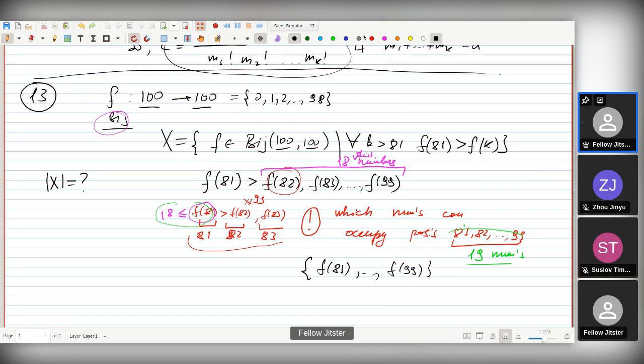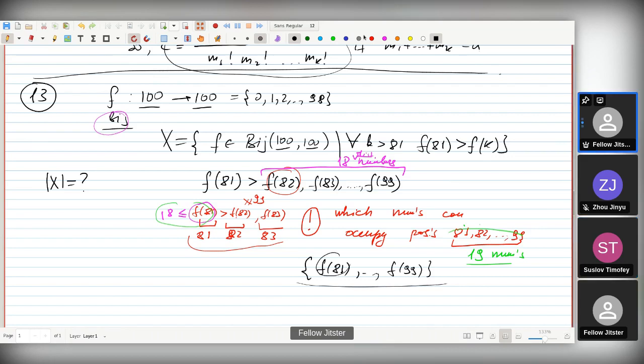It is the main question. What may this set be? We can say that f of 81 is less or equal than any 19.